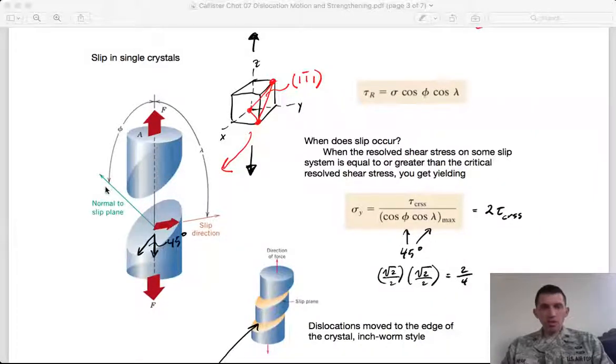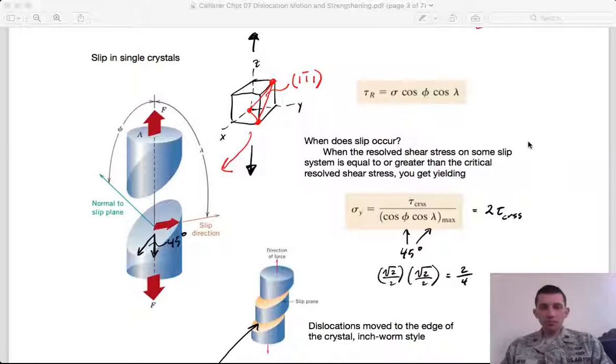So we're moving along the slip plane in the slip direction, and so the shear stresses along those angles are important. And so the shear stress on that particular plane is going to be dependent upon the angle relative to the plane that we want to slip on, and the direction we want to slip in relative to the applied stress.